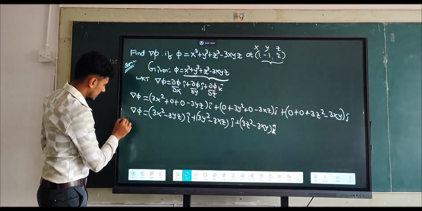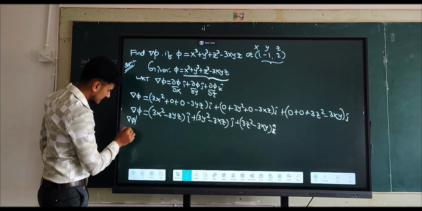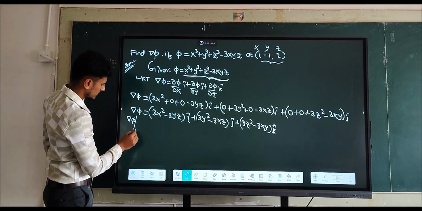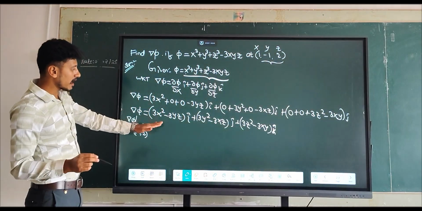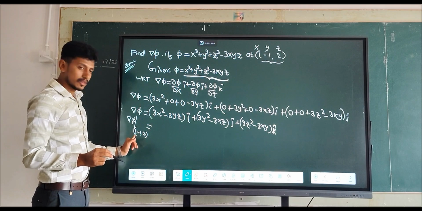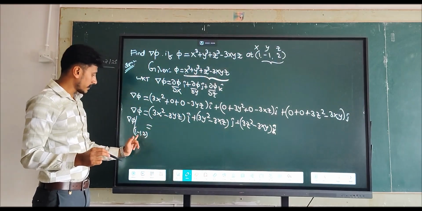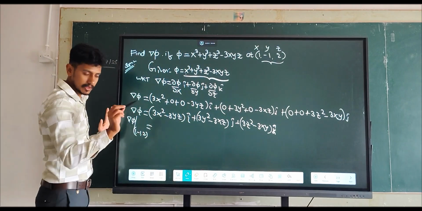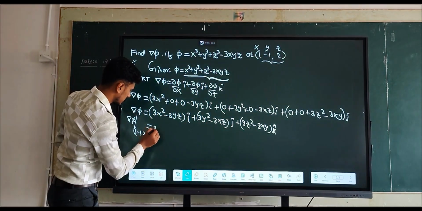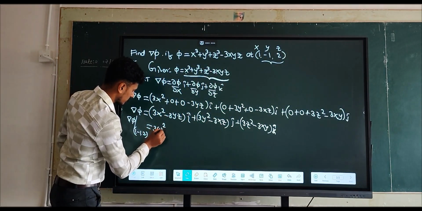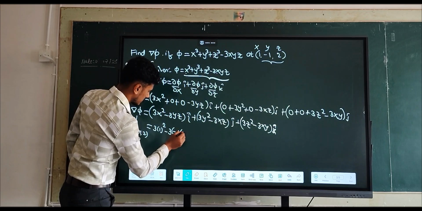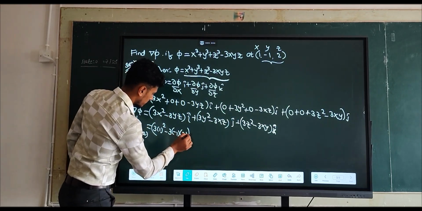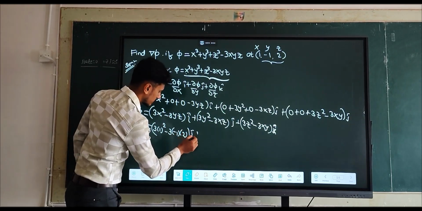See here, del phi at the 3 given points 1, minus 1 and 2. It is very simple. Wherever you have x, replace it by 1, replace y as minus 1 and replace z as plus 2. And it becomes 3 into 1 square minus 3 into the value of y, which is minus 1, and z is plus 2. And please maintain the proper brackets while doing simplification.